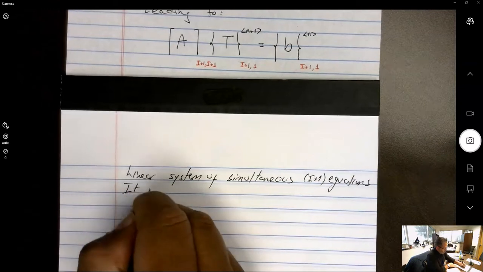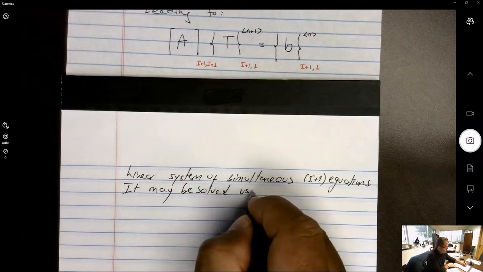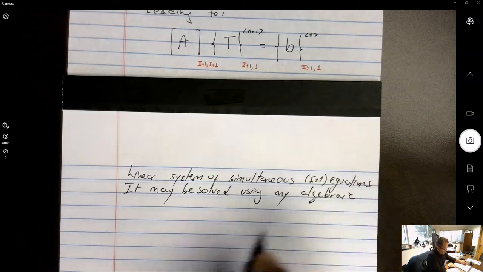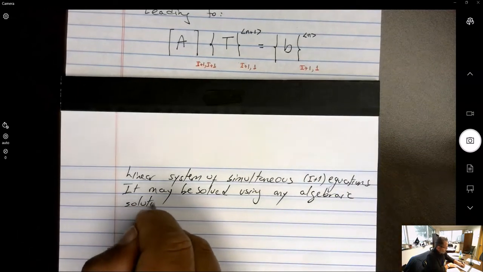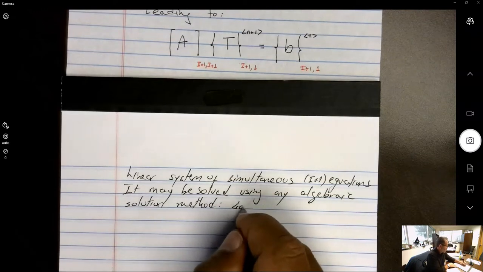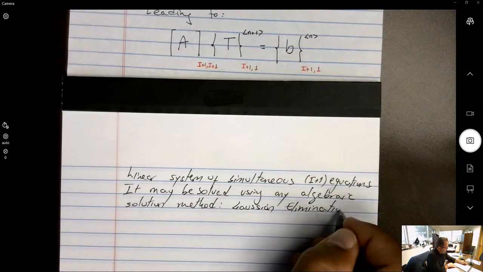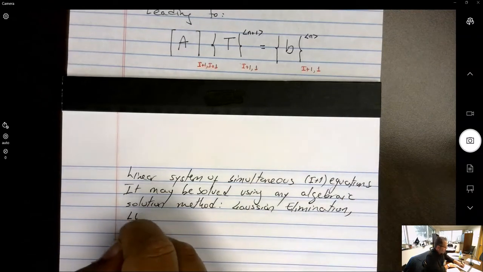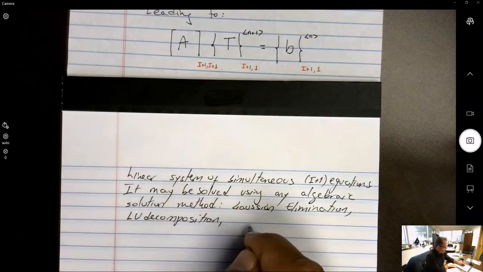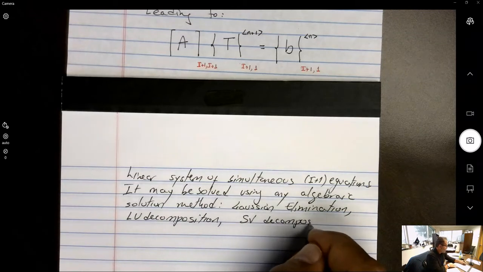It may be solved using any algebraic solution method, such as, for example, Gaussian elimination, LU decomposition, SV decomposition, singular value decomposition. These are all well-known techniques.